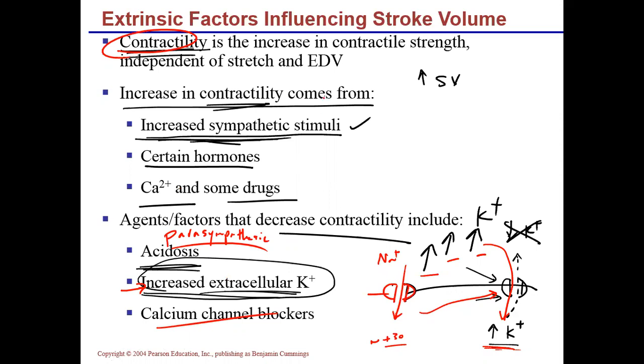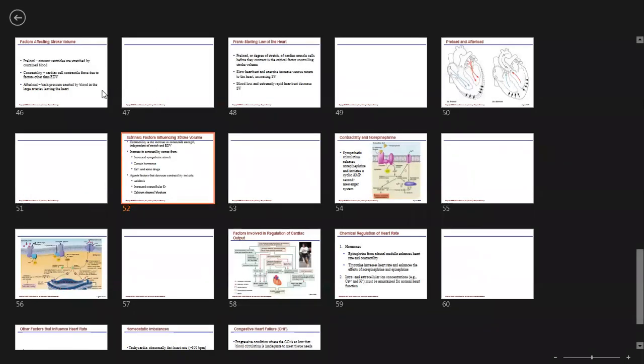This one we already have the sympathetic activity, so we don't need to do that. The increase in parasympathetic activity will lower contractility. These are all the factors that can decrease the contractility. These are all the factors that increase the contractility. More force versus less force. Okay, so we are done with that part.